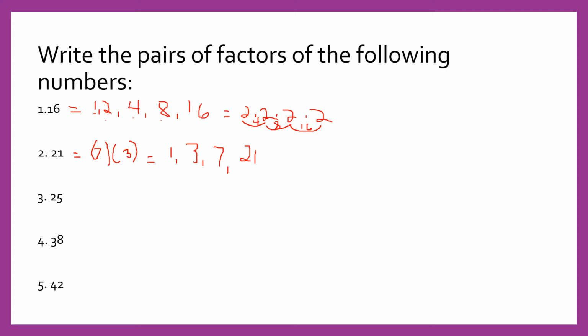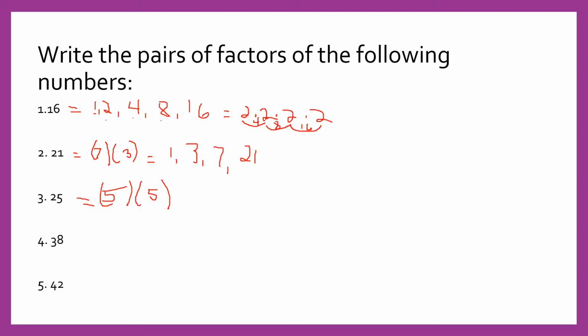Now, it's listing methods. So 25, we have 5 times 5. Yan lang yung dalawa na pinaka-prime na nilang sagot.